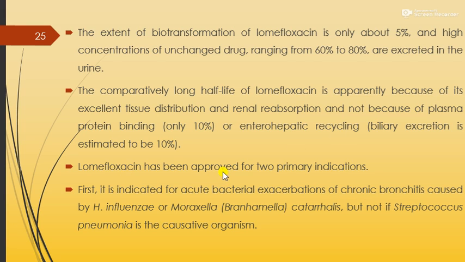Lomefloxacin has been approved for two primary indications. The first is acute bacterial exacerbation of chronic bronchitis caused by H. influenzae or Moraxella, etc., but not if Staphylococcus pneumoniae is the causative organism.